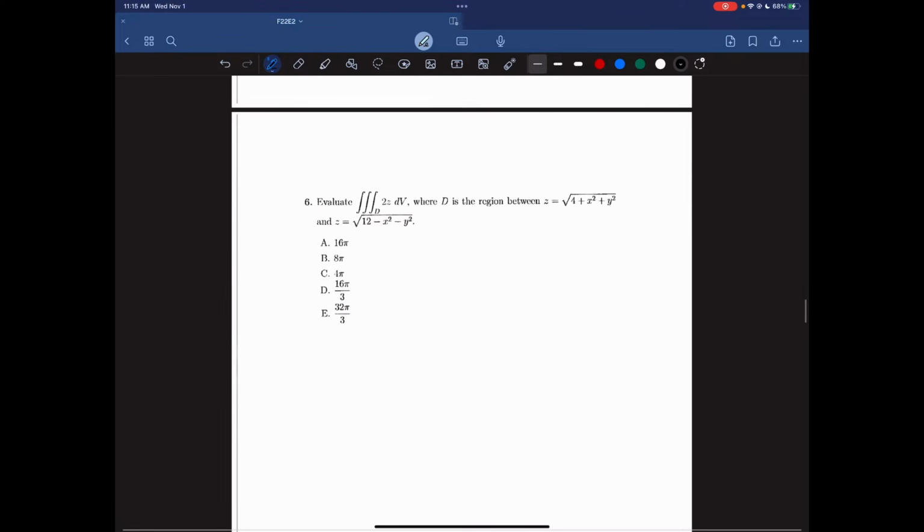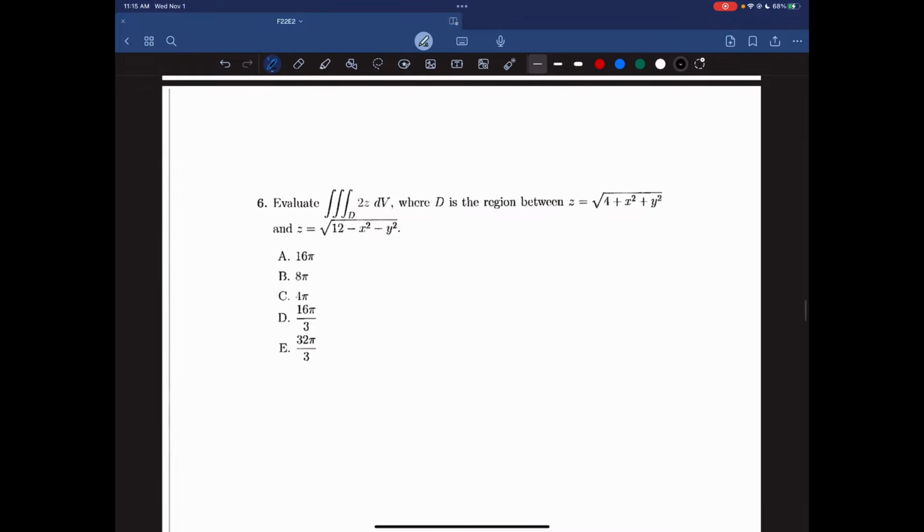All right, number 6. Evaluate the triple integral over the region D of 2z dV, where D is the region between z equals square root of 4 plus x squared plus y squared, and z equals square root of 12 minus x squared minus y squared. All right, so it's a triple integral this time, and we still have x squared plus y squared, so I'm thinking cylindrical coordinates here.